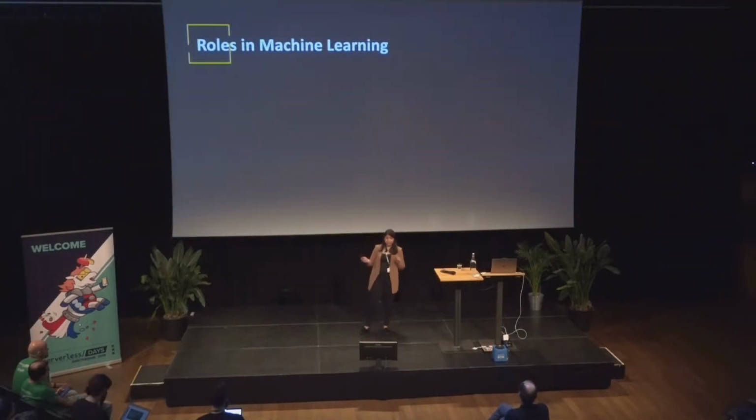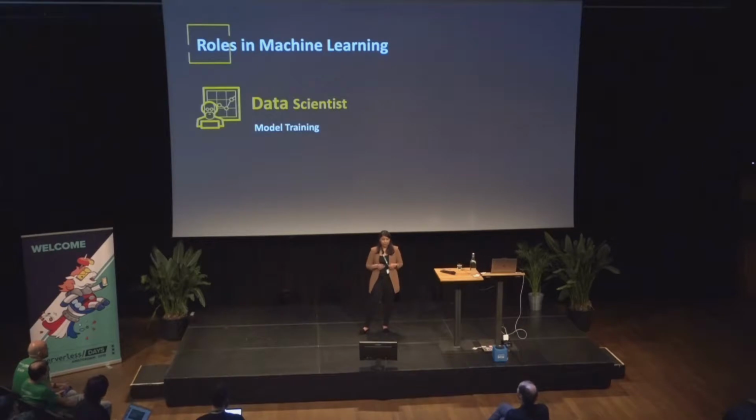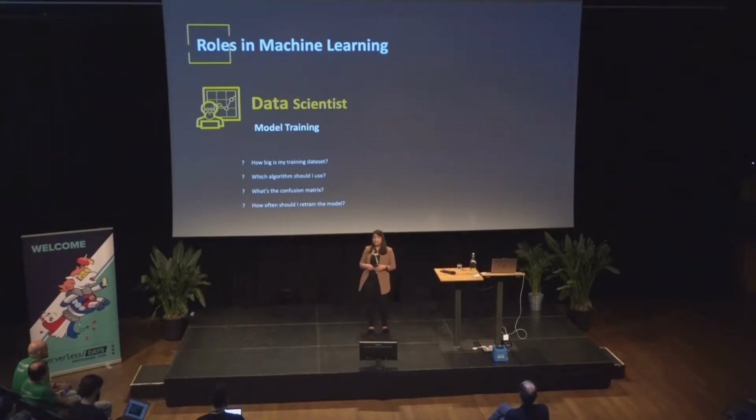Interestingly, these two, model training and model deployment tasks in machine learning, are actually performed by two different roles. While model training is typically the job of a data scientist, and we already spoke about some of the questions that a data scientist would need to answer, things like how much data do I need, what algorithm I should use, is my data processed and prepared enough, so on and so forth.